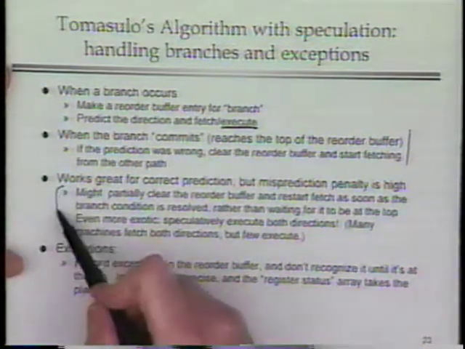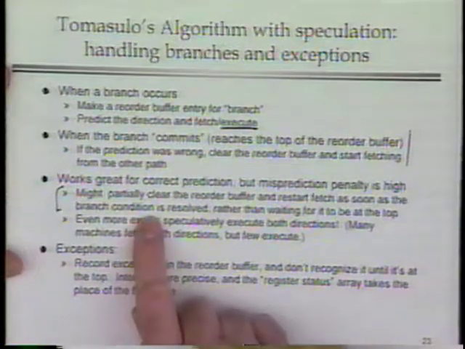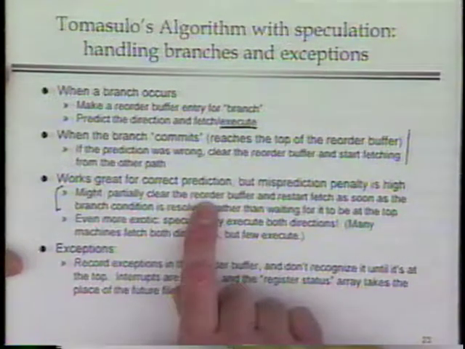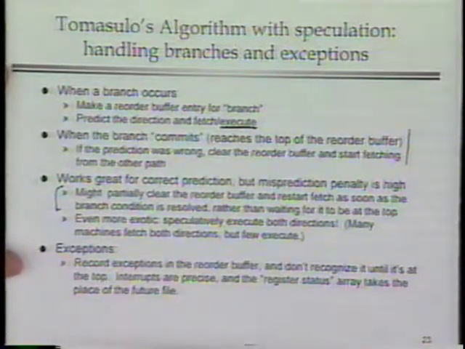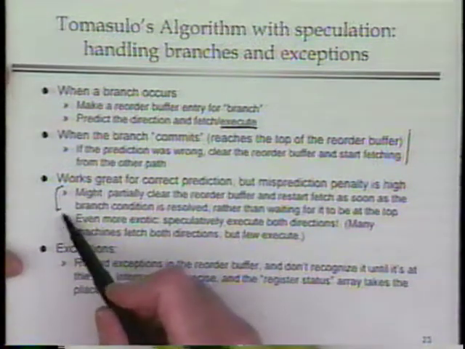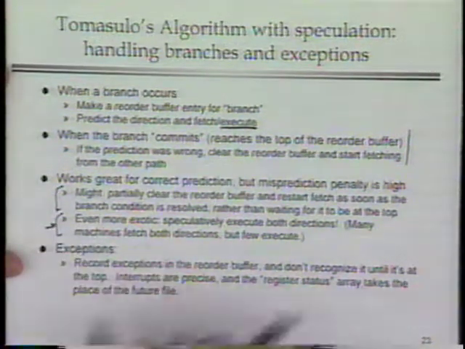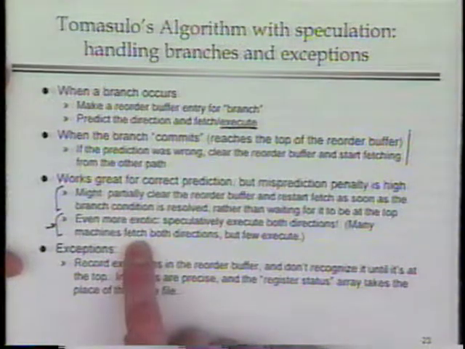So one of the things to do, as I mentioned, was to partially clear the reorder buffer as soon as you recognize that that branch went the wrong direction. Even more exotic machines, in fact, can begin to fetch and speculatively execute from both directions. I'm not sure of a machine that does that.